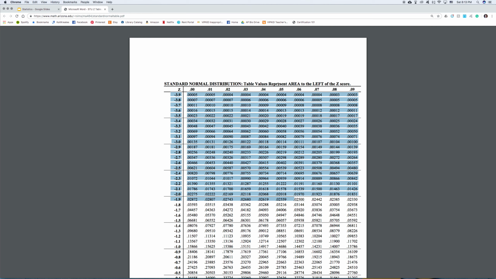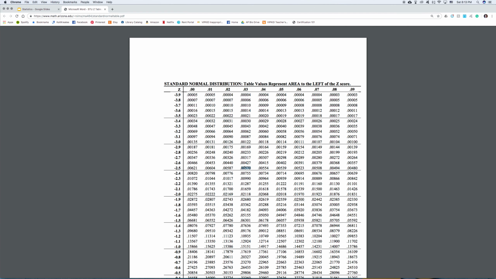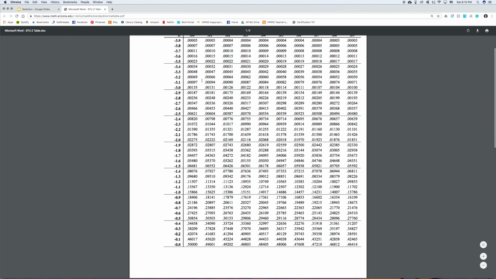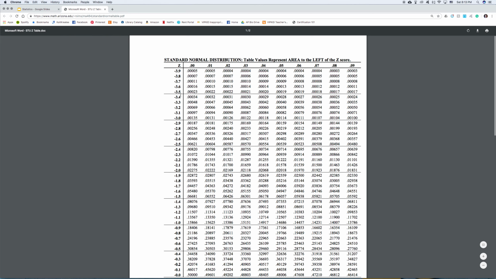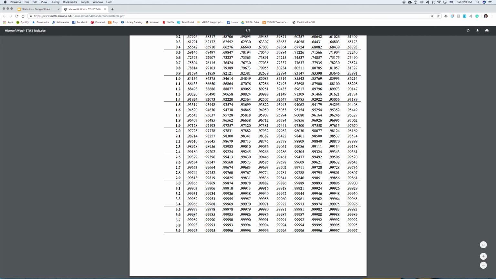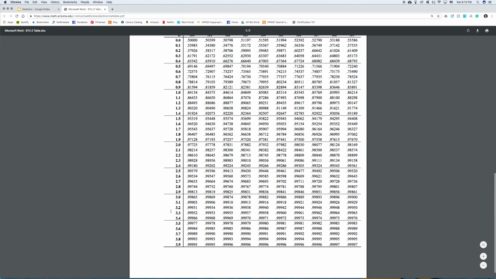So all of these are lower percentiles. If these were test scores we were looking at, this would mean this person has scored in the bottom 0.5%. That means 99.5% scored better than them. So those would be unlikely. So anything between negative 1.96 and 1.96 is going to be likely, any z-score.